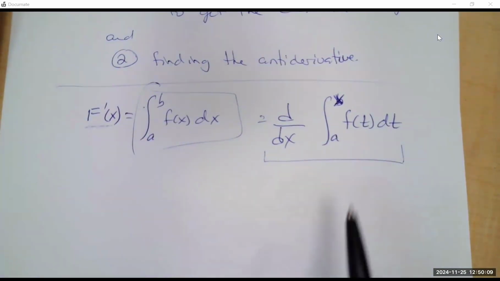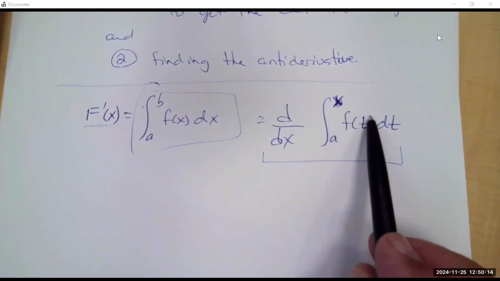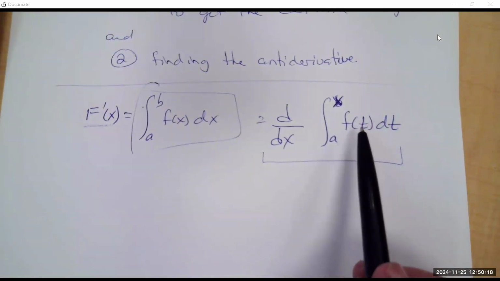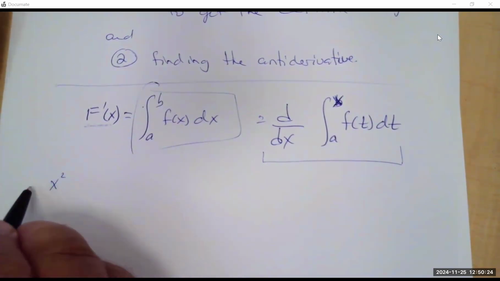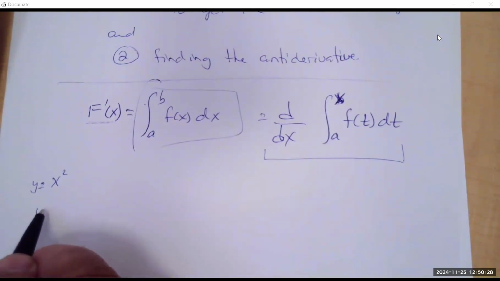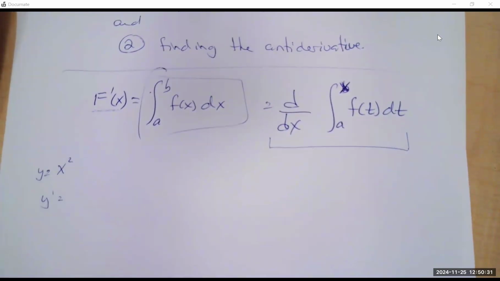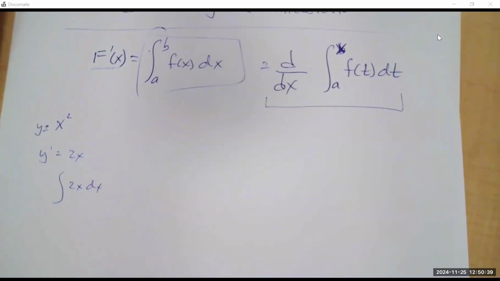Remember what I said earlier, that when we take the integral, what is this number inside here? That's actually the derivative. Because remember, if I had x squared, what's the derivative of x squared? If I take the derivative or integral of 2x, what would I get?